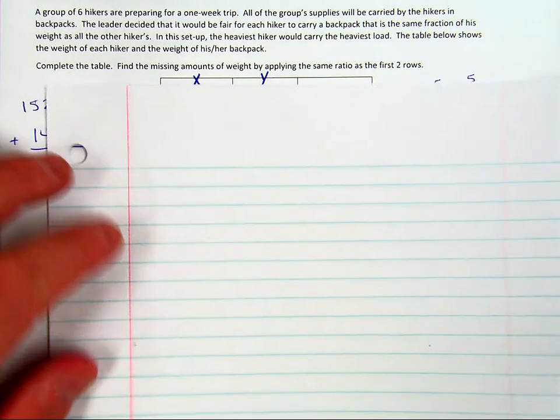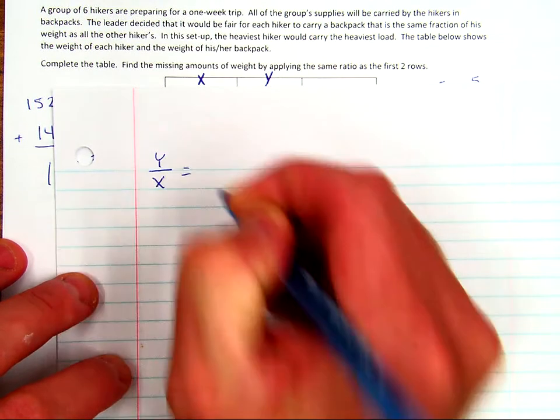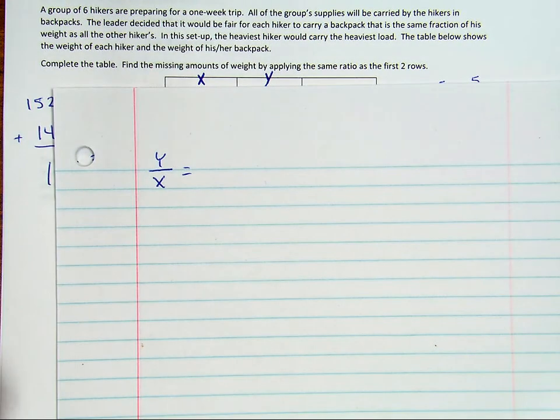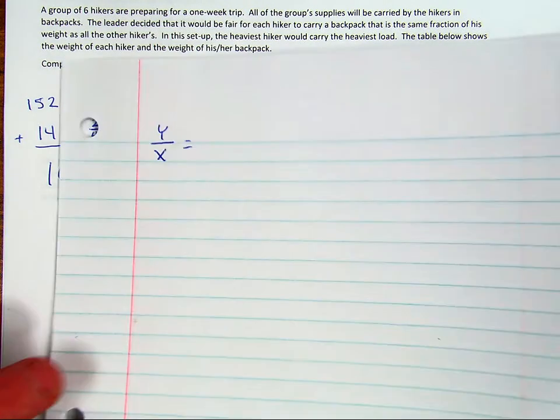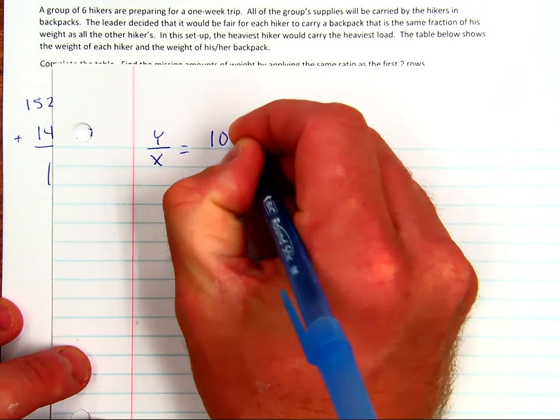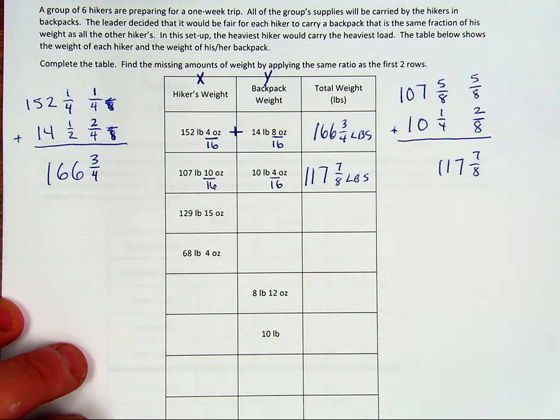So, we know that the constant of proportionality is y over x. Our y value is 10 1/4 pounds. And our x value is 107 5/8.